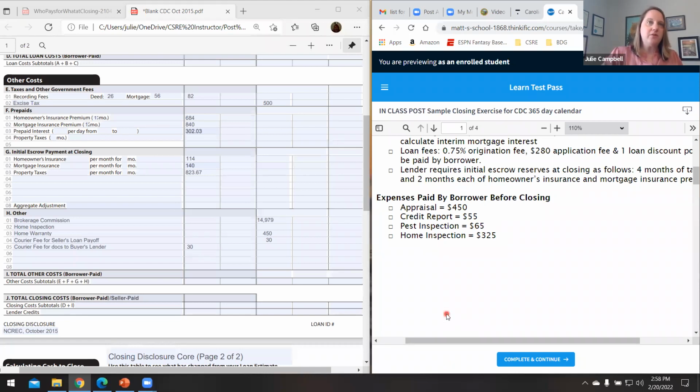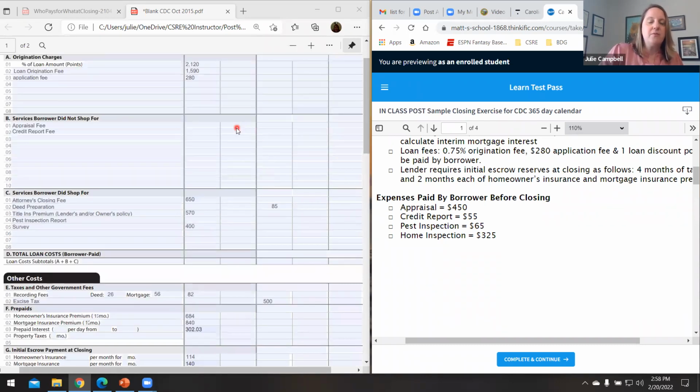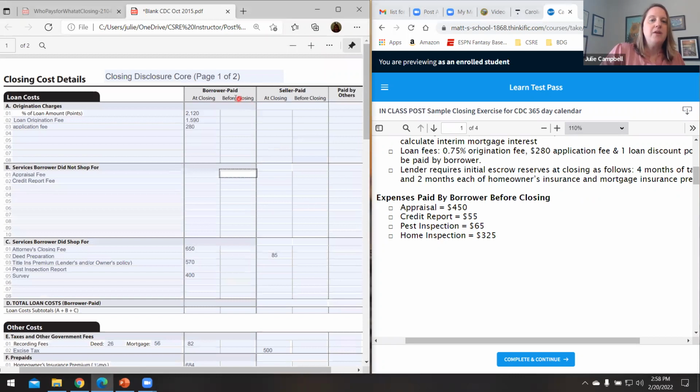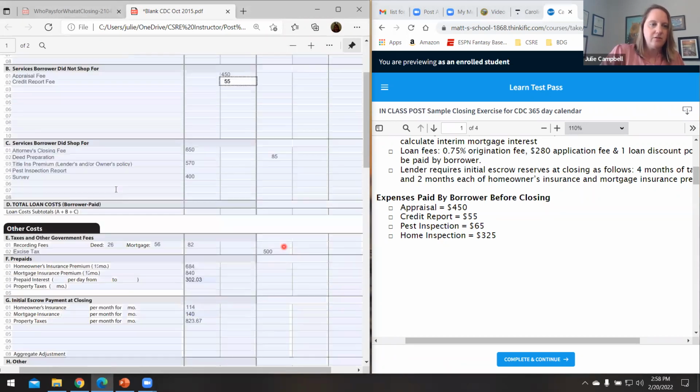If you really want to put these on your CD, I don't care if you do or not, but make sure you get them in the right column. You want to put them in the borrower paid before closing. So for example, we got the appraisal for $450. You got the credit report for $55.